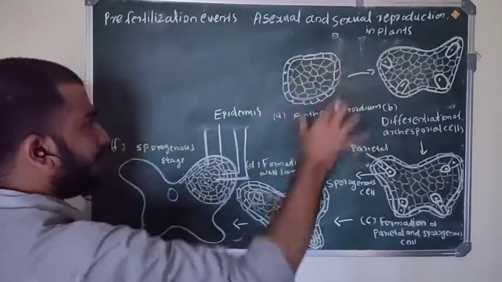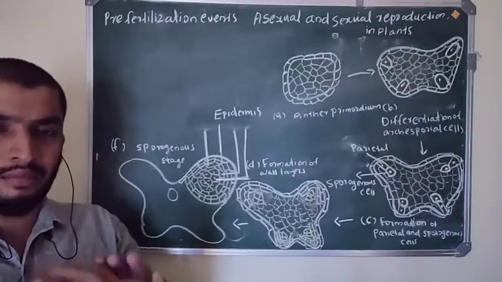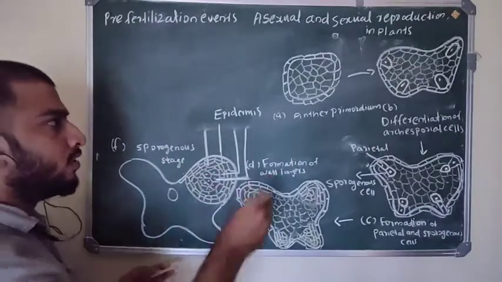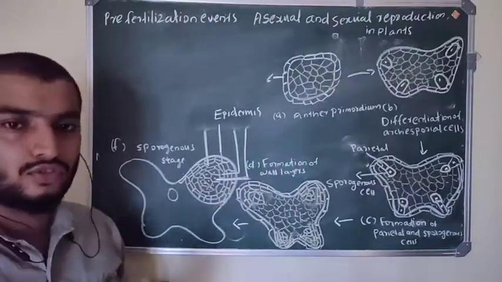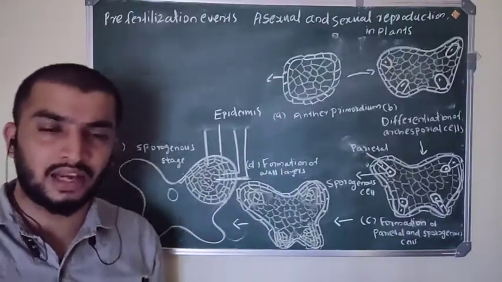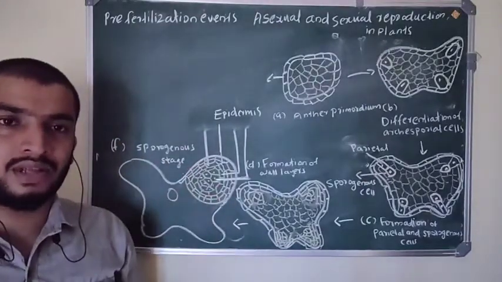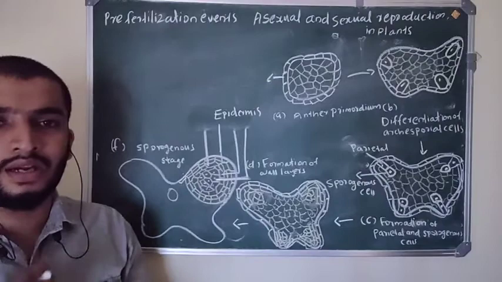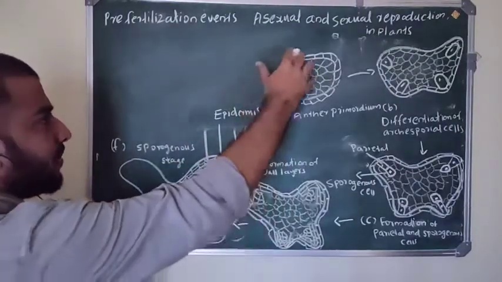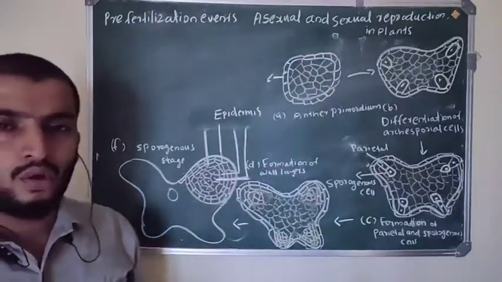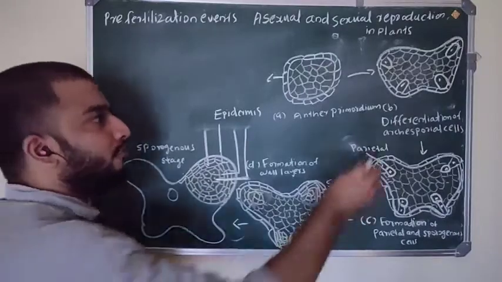The anther primordium, a mass of cells, continues its development and becomes a four-lobed structure.